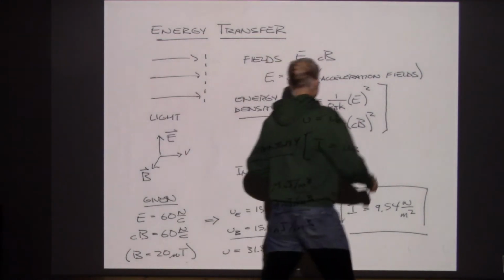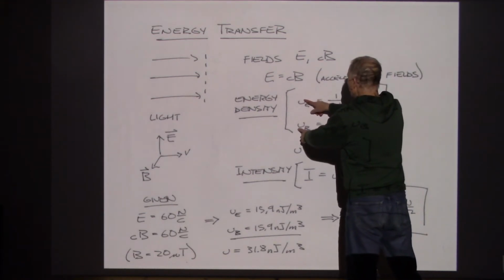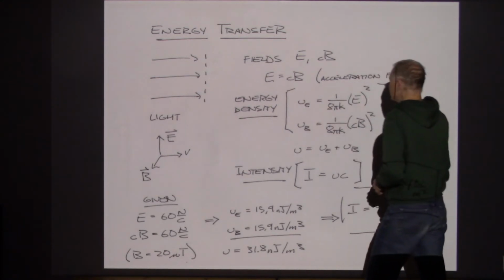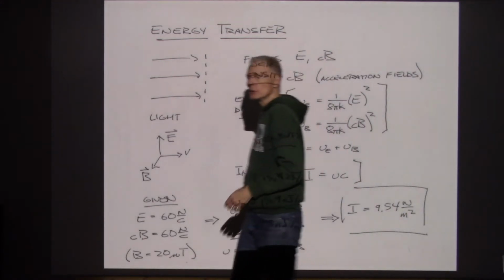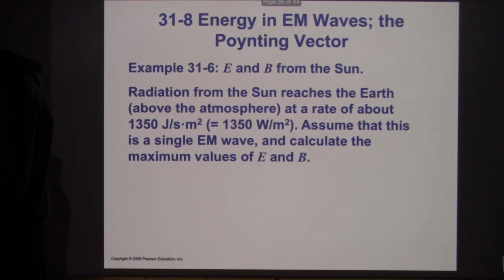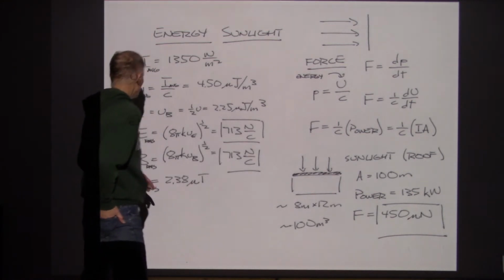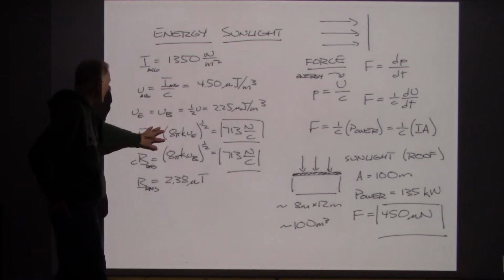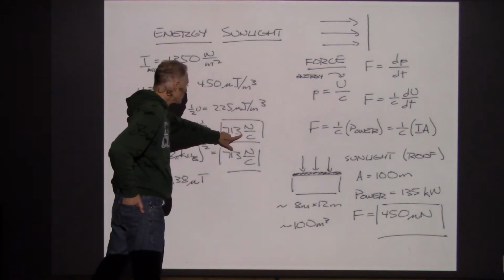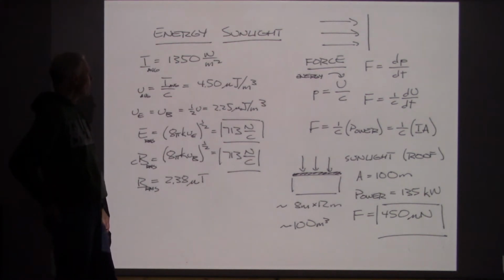What we've done is, this is now being given in the example we're working on, and we're solving for E and cB, so I'm multiplying by 8 pi k, taking a square root, to find out what the electric field will be. And doing that, it gives us an electric field of 713 newtons per coulomb and a magnetic field of 713 newtons per coulomb. Now we had mentioned this earlier.